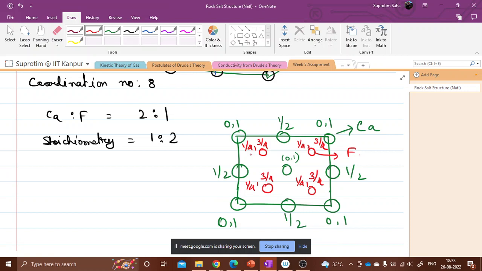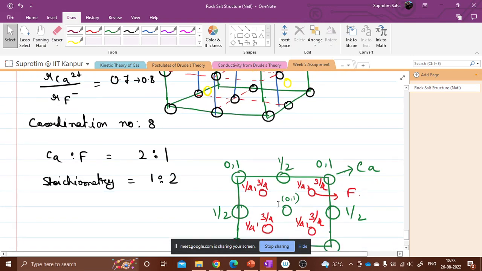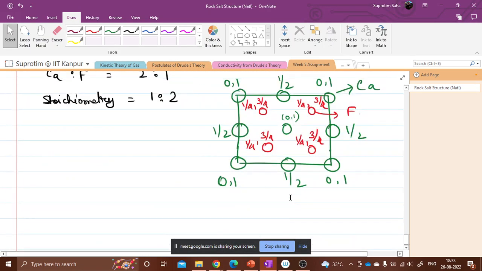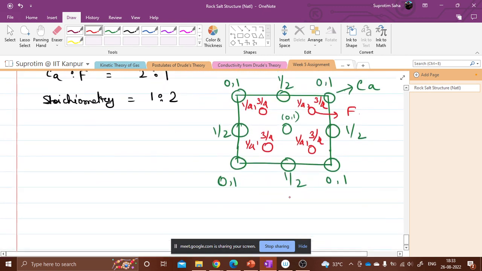So by that prescription, fluorine ions will be at the corners of the simple cubic lattices, and if you shift this by 1 by 4, the calcium will sit at the 1 by 4 positions.